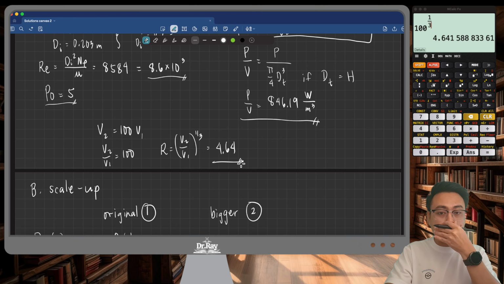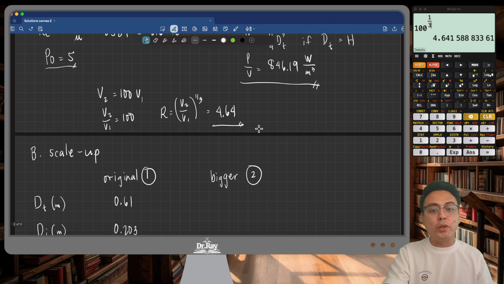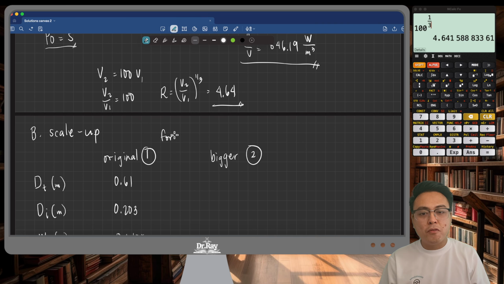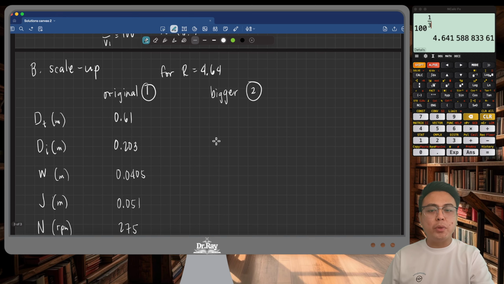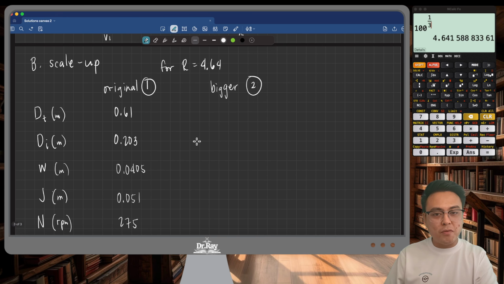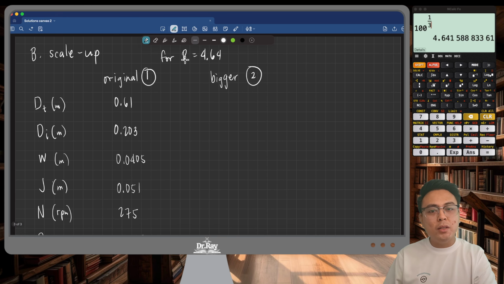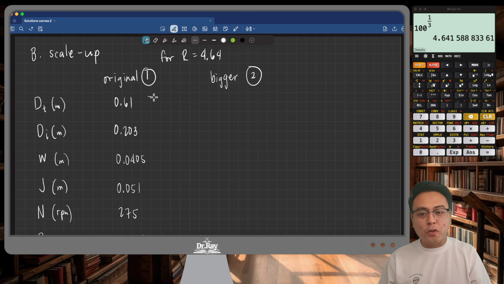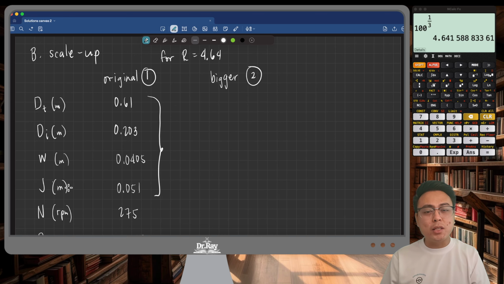This is our scale ratio that we're going to use. For R equals 4.64, how do we then determine the new parameters? It's very simple. You simply multiply the scale ratio R to the existing lengths. So for the first four parameters here, all of these are length units, right? It's just a simple multiplication with R.